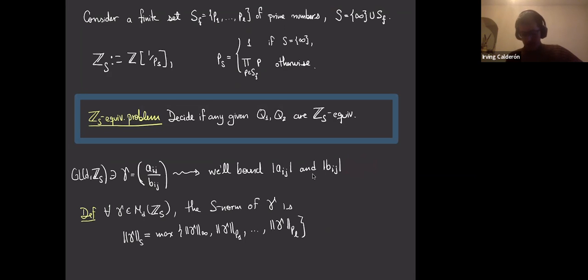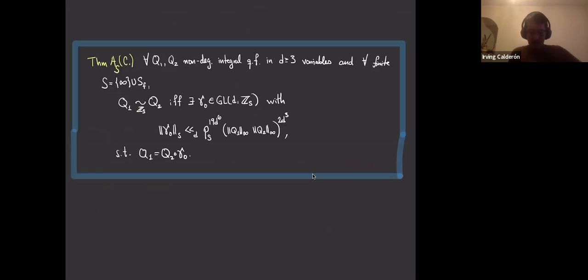So here is the result I obtained. It's very similar. Now Q1 and Q2 are any integral quadratic forms in at least 3 variables, and we consider any finite set S as before.